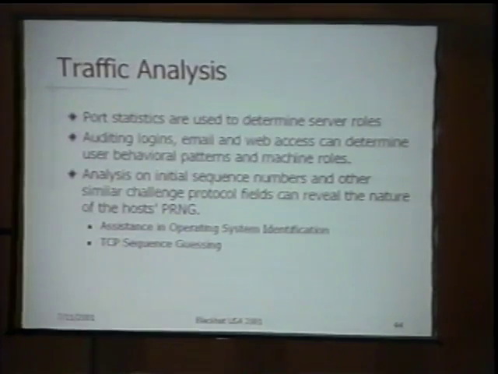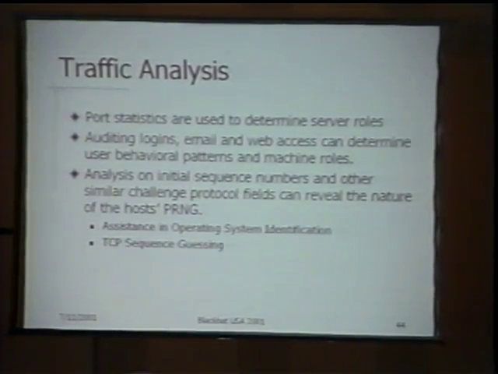And right down at the bottom of the bullet points, assistance in operating system identification and TCP sequence guessing. That's a topic that's been hot for a long time. If you sit there sniffing a network, you know right away that sequence guessing is kind of out the window. But keep in mind we are monitoring machines that aren't necessarily local. We're going to pick up traffic from people going out to Yahoo and other hosts external to the local LAN that we'll possibly be able to monitor.